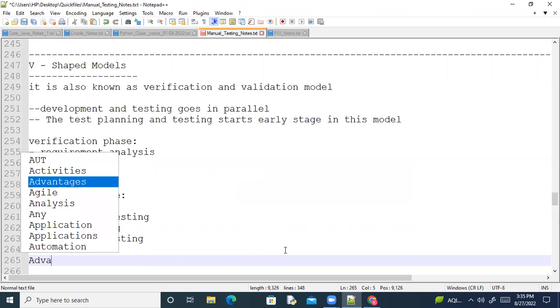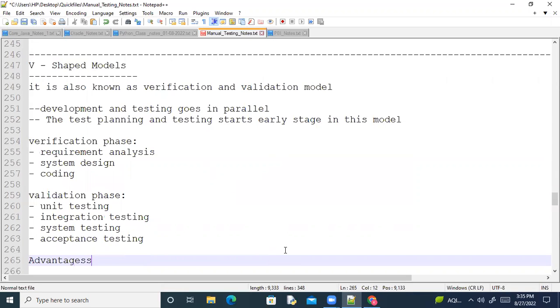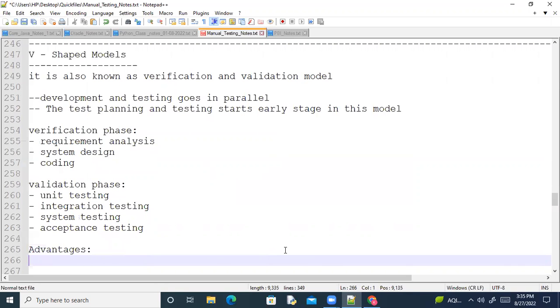We have discussed what comes under the verification phase and what comes under the validation phase, and each and every purpose clearly.